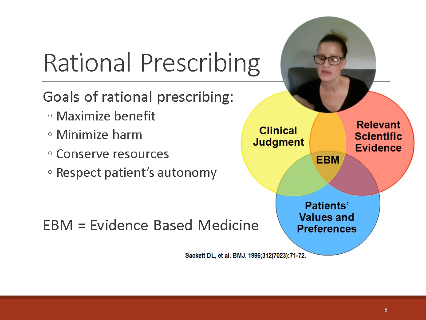There are a lot of different definitions of what rational prescribing is, but it boils down to this. When you prescribe a medication, you use a stepwise approach and make logical decisions to choose the right drug in the right dose, the right route of administration for the right patient at the right time.